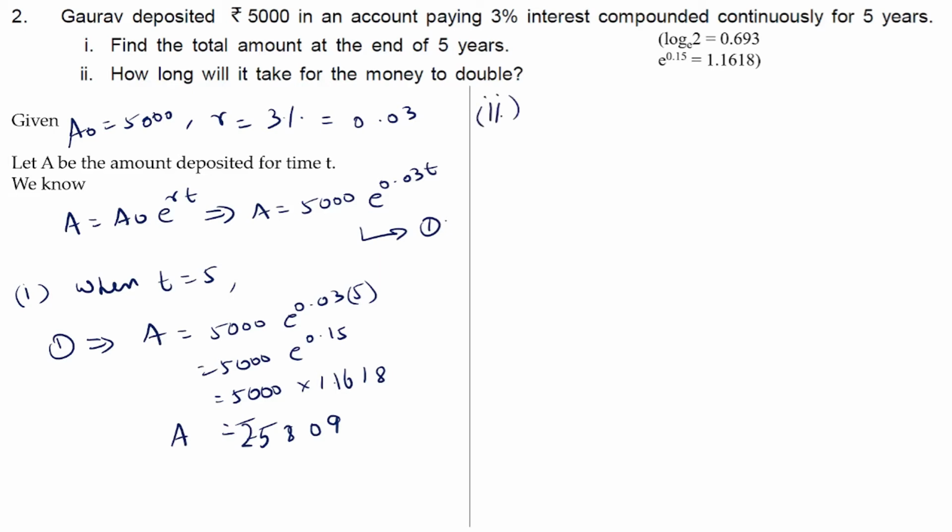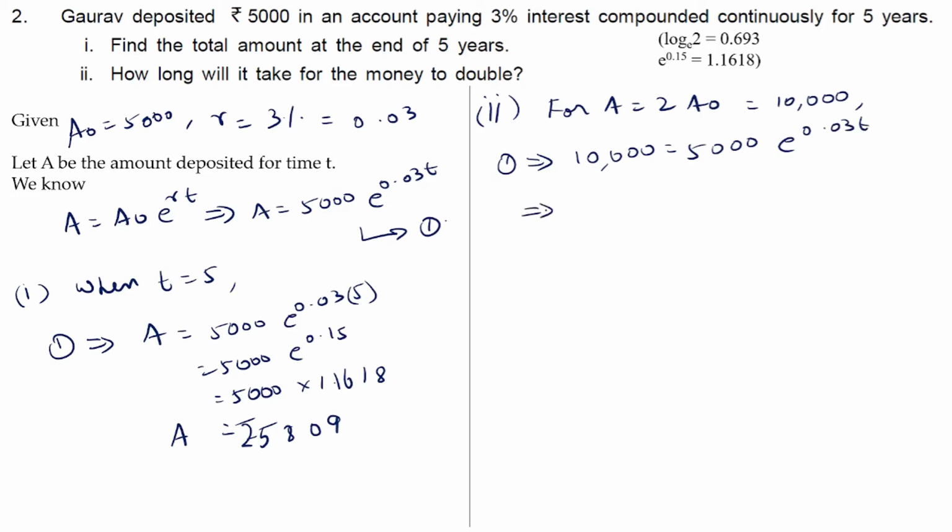Now the second subdivision: how long will it take for the money to double? We need to find the time in which money will double, for A equal to 2 times A naught. A naught is 5,000, so for A equal to 10,000, from equation 1 we have 10,000 equal to 5,000 into e raised to 0.03t. Here 10 by 5 is 2, so 2 is equal to e raised to 0.03t. Let us take log on both sides.